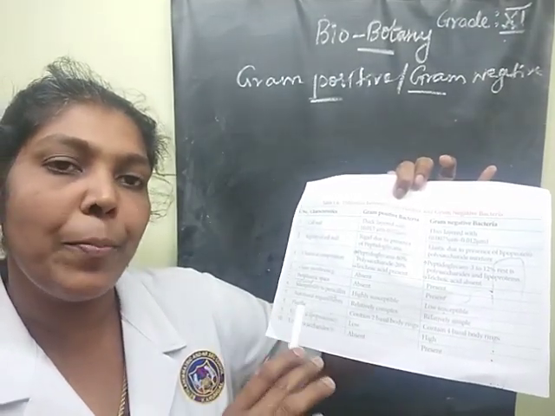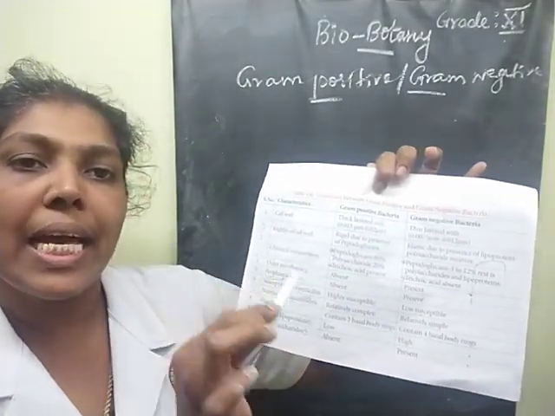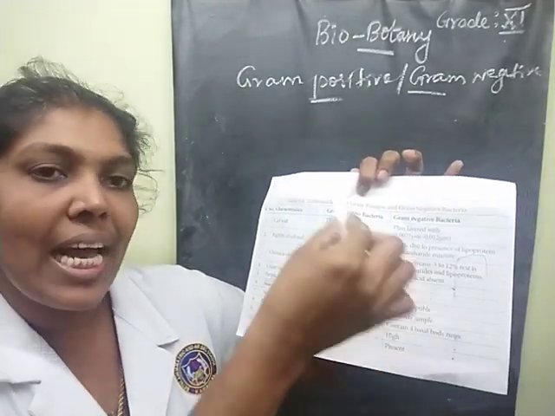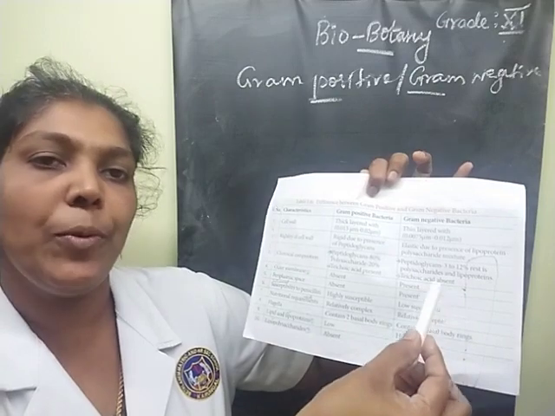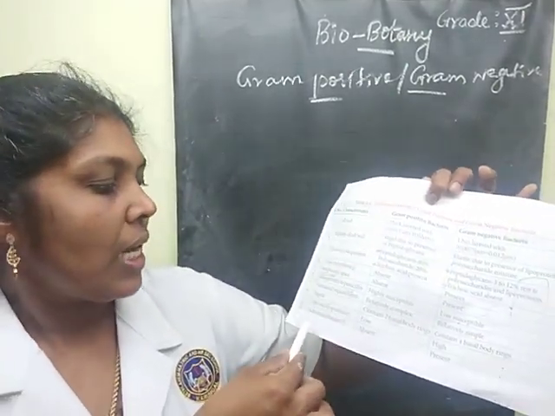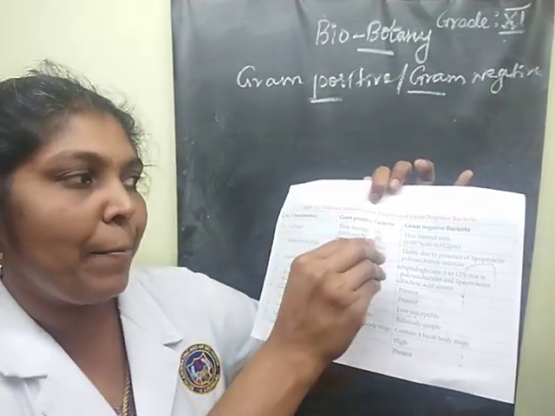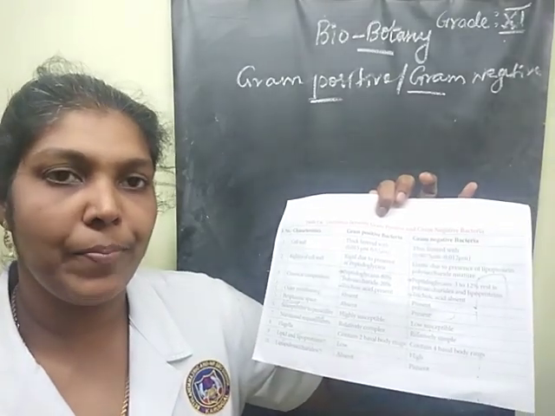Next one, lipid and lipoprotein. The lipid and lipoprotein content is very low in gram positive bacteria, while a higher amount of lipoprotein and lipid content is present in gram negative bacteria. The last one is lipopolysaccharide, which is totally absent in gram positive and present in gram negative bacteria.